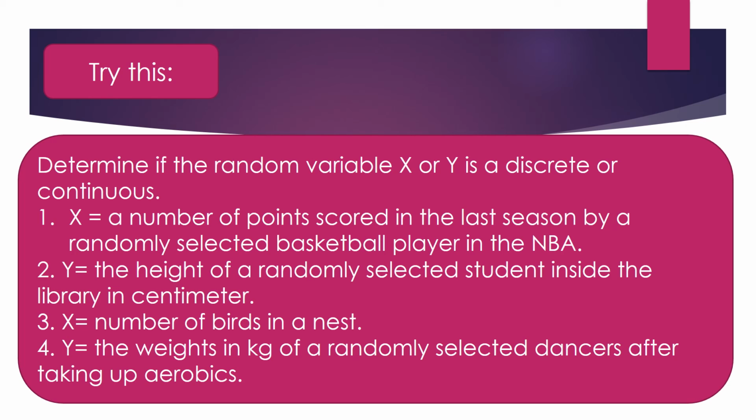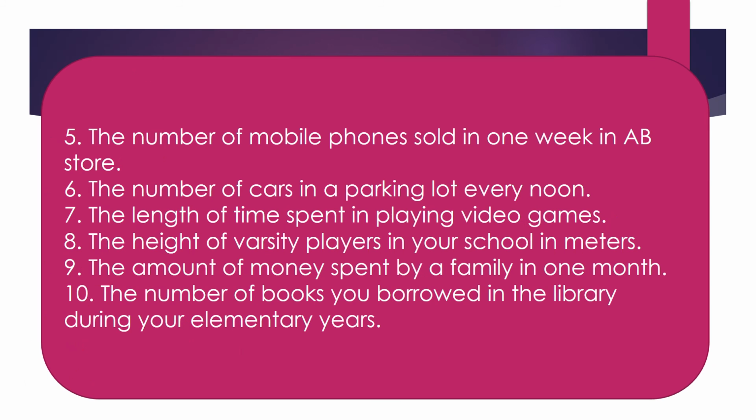Y is equal to the weight in kilograms of randomly selected dancers after taking up aerobics. So we have a continuous random variable. And number 5, the number of mobile phones sold in 1 week in a store. It is a discrete random variable.